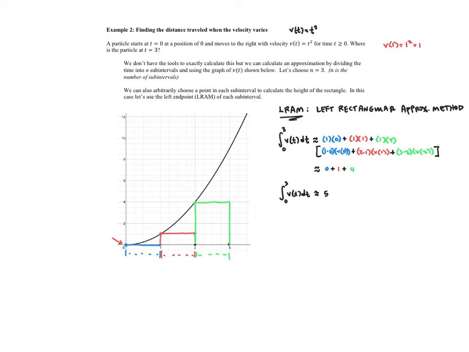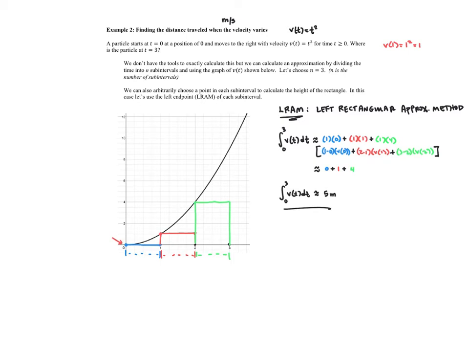I don't think it gives us any units, but let's say the units were meters per second for velocity. Then we could say somewhat confidently that our approximation would be 5 meters traveled by that particle.